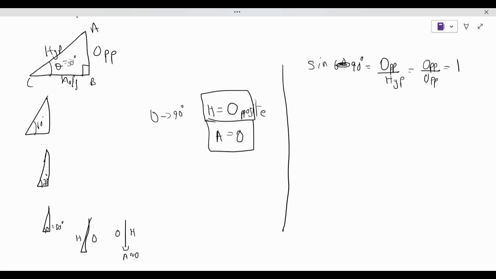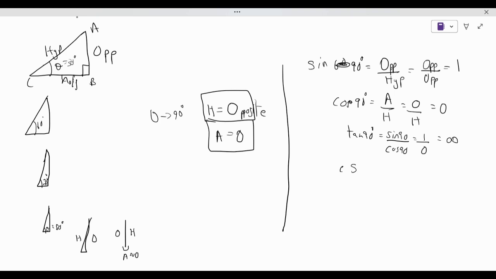So sine 90 is 1. Cos 90 will be equal to adjacent by hypotenuse, which is 0 by hypotenuse, equal to 0. Tan 90 will be equal to sine 90 by cos 90, 1 by 0, which will become infinity.